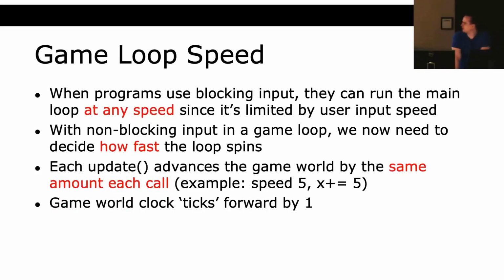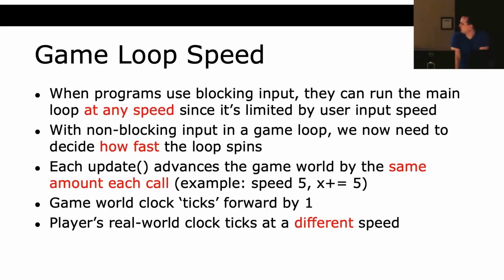So the game world clock is going to tick forward by 1, but the player's real-world clock ticks forward at a different speed. What does that mean? It means everyone in this room probably has a different speed computer, just by a minor amount.